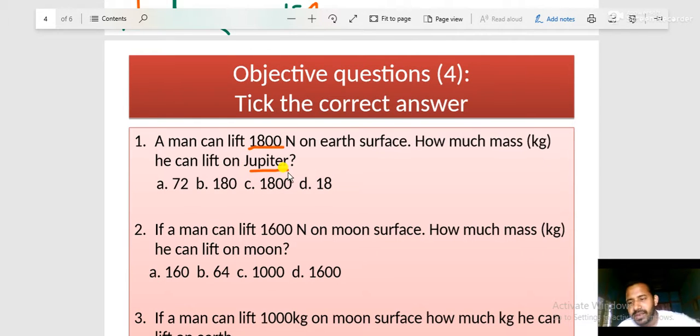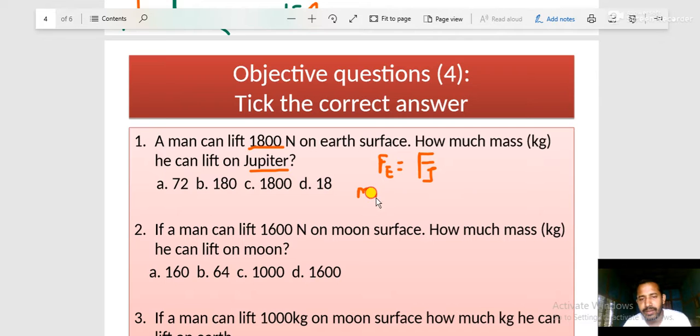So if a man can apply 100 Newton force on earth, he can apply the same amount of force on the surface of Jupiter too. So what you can write? Force on earth equals to force on Jupiter. And generally force we know, force equals to mg.